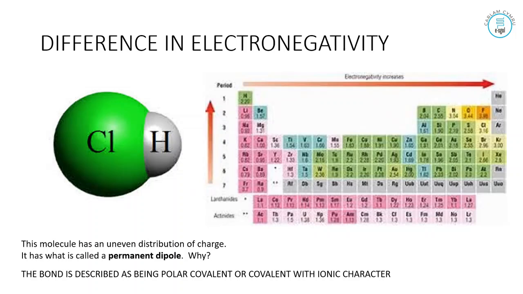And that's because of its electronegative nature. So as I say, we describe it as being polar covalent. Sometimes people call it covalent with ionic character, because there shouldn't be charge in a covalent bond, but there is, because it's an uneven pull. So we can mark these with what we call a dipole moment.